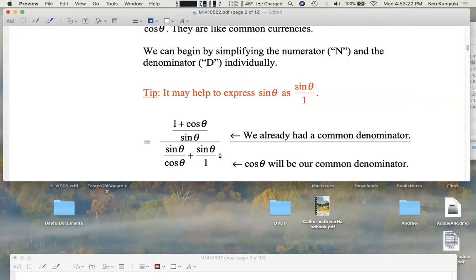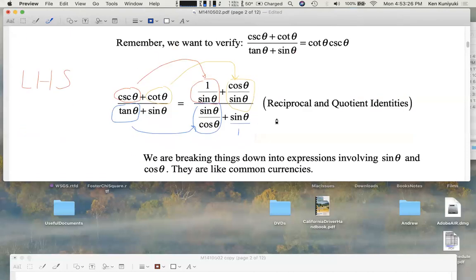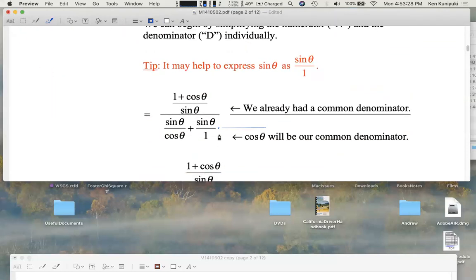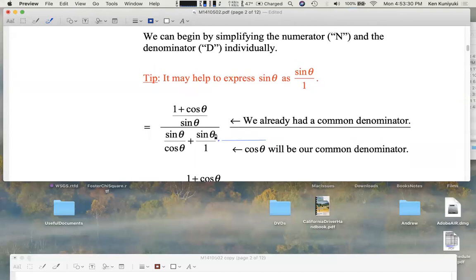To accomplish that, I multiply this fraction. That's one reason why I put sine of theta over 1, so I get a fraction here. It may make things clearer. Let's multiply this fraction by cosine of theta over itself.